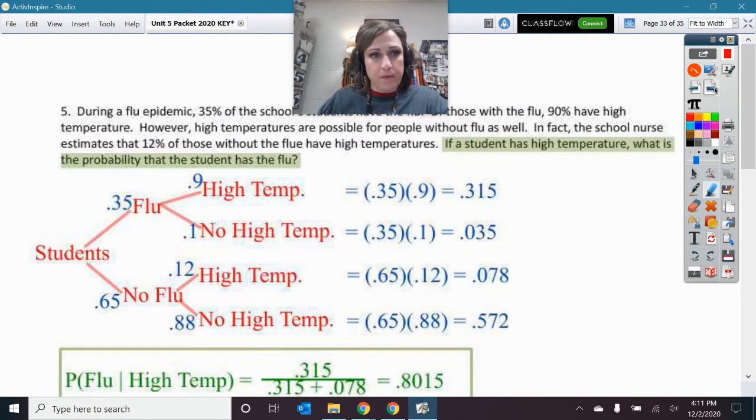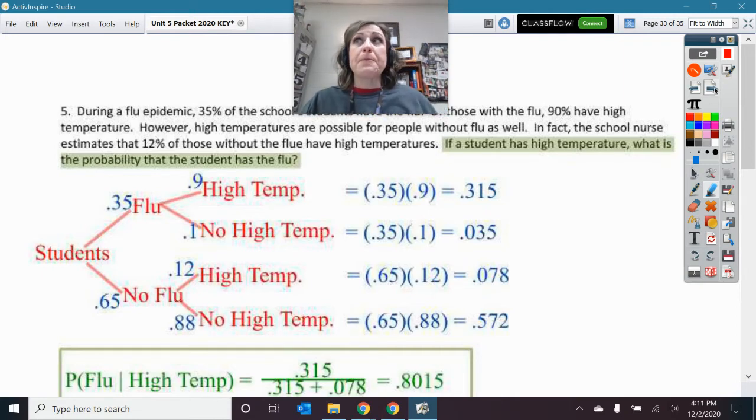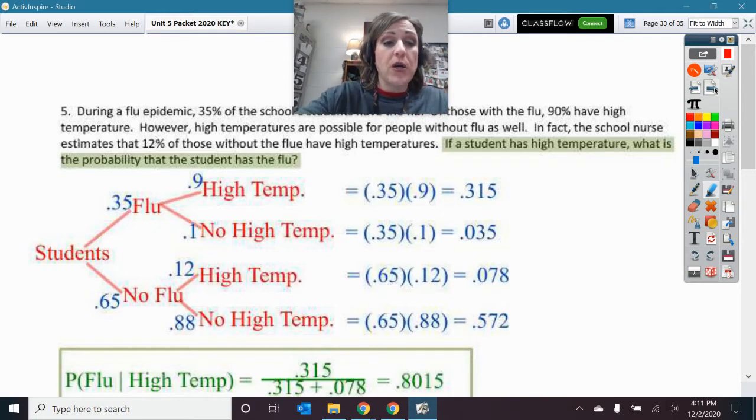This was another one where we were told about those who have flu and those who do not have flu. The rate at which you had a high temperature was affected by whether you had the flu or not. If you had the flu, 90% had a high temp.